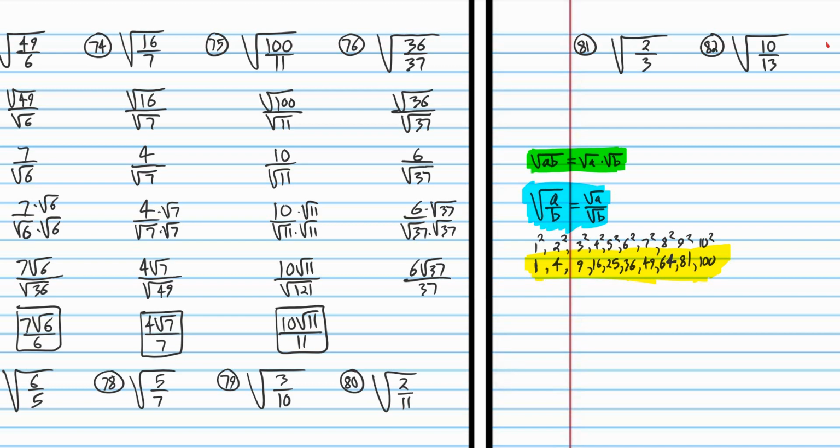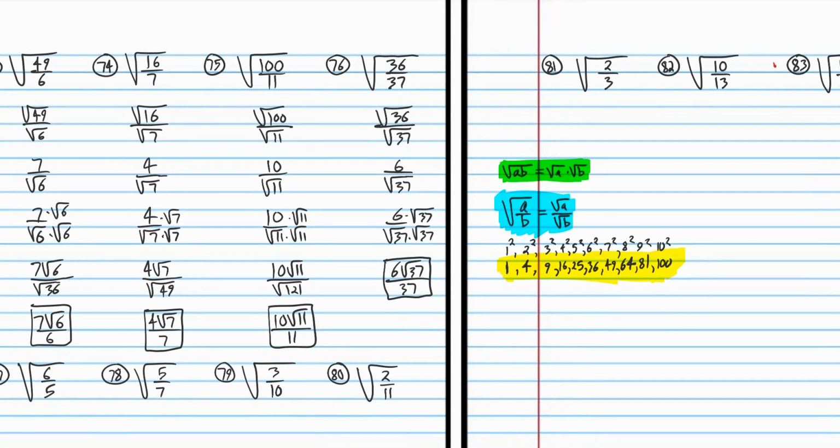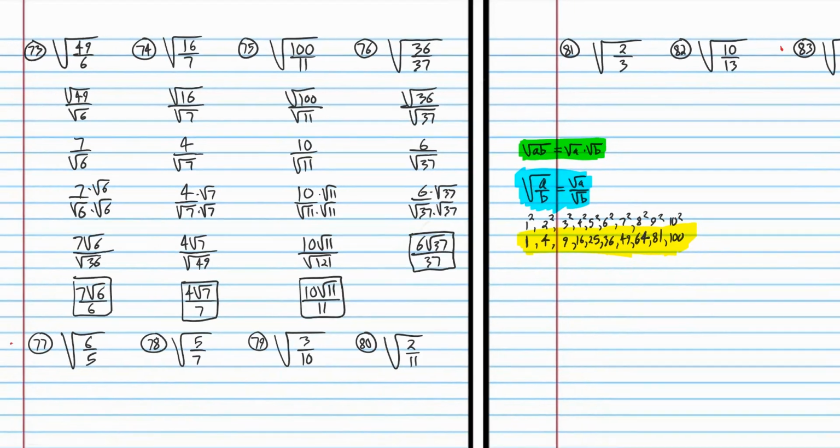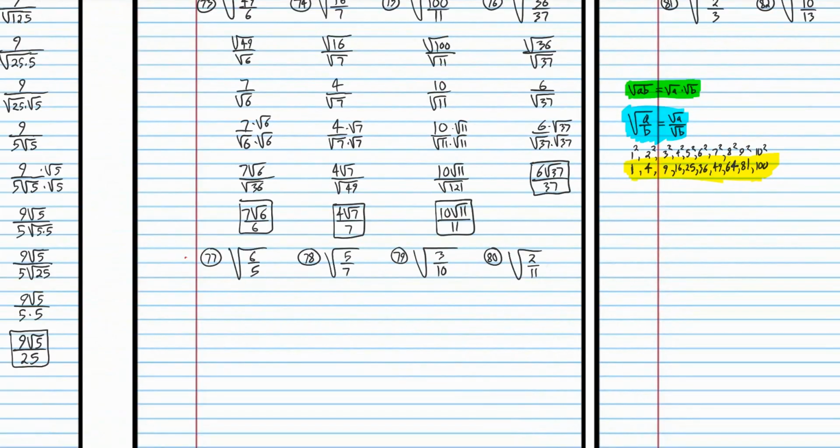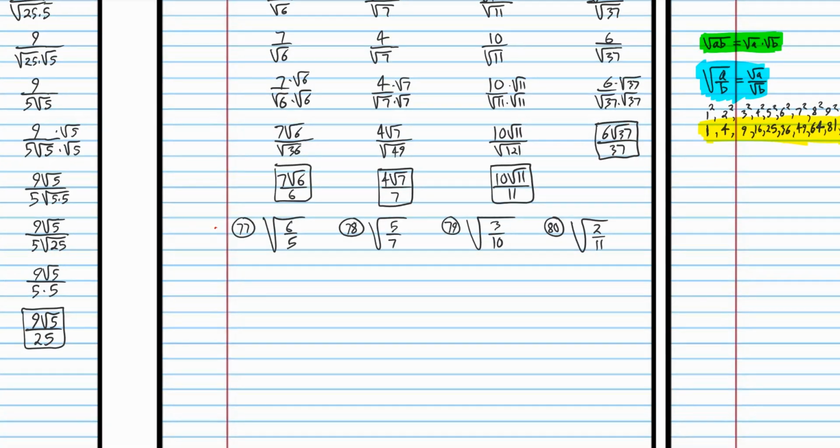And I'm just going to skip a step there, I guess. I mean, you could do 37 times 37 in your calculator, but you know that this is just going to end up being 37. So at this point, I'm going to skip a step there because we're running low on time, and you're going to need to start skipping steps anyway.